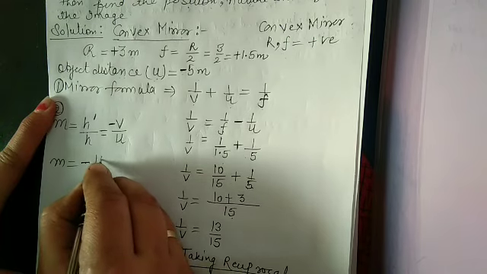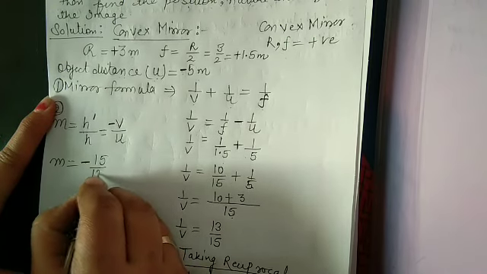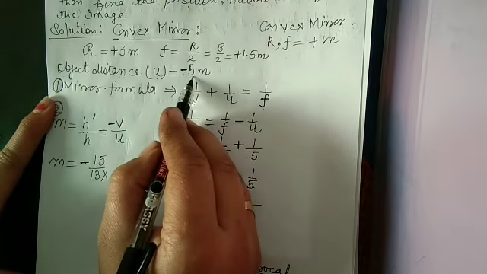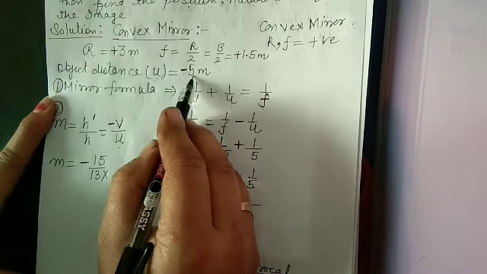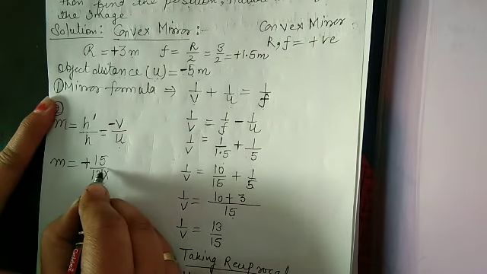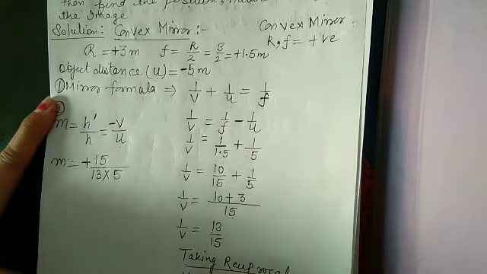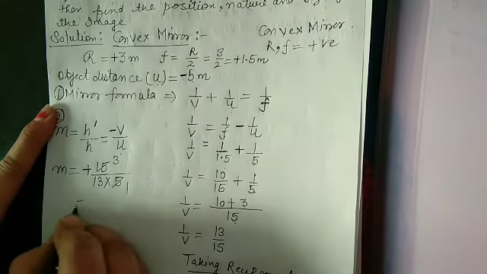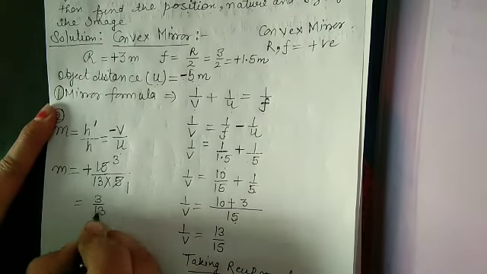So it will be 15 by 13. What is u? u is given to be minus 5. Minus minus merge will give plus sign. It will be 5. 5 ones are 5, 5 threes are 15. So the result is 3 by 13.